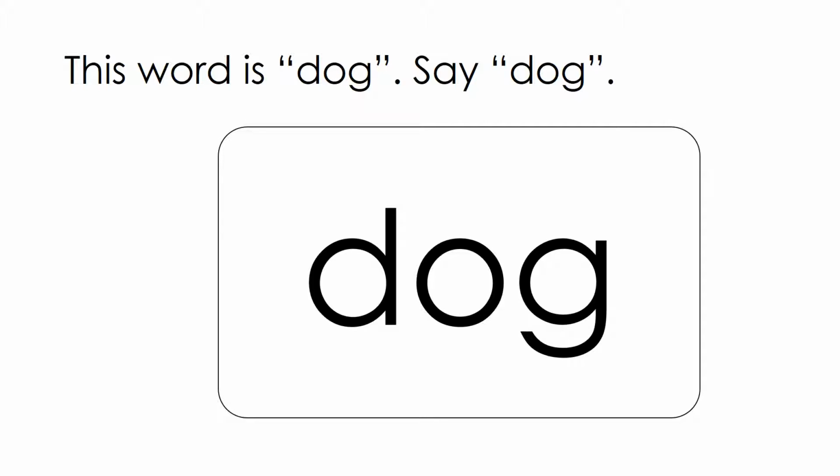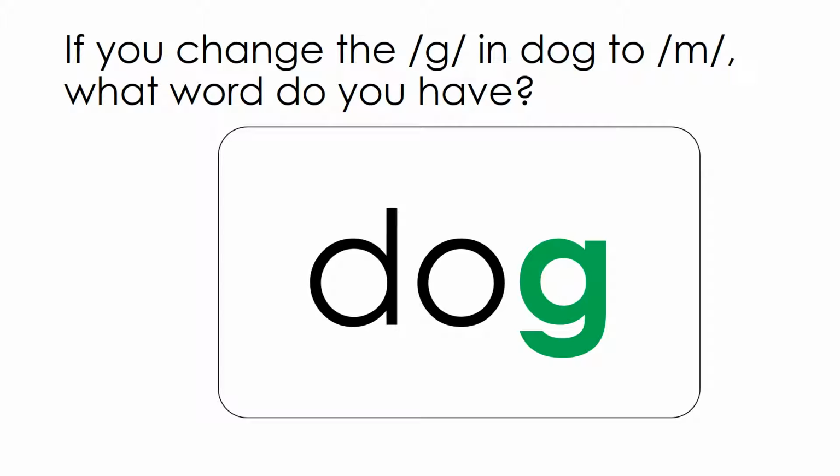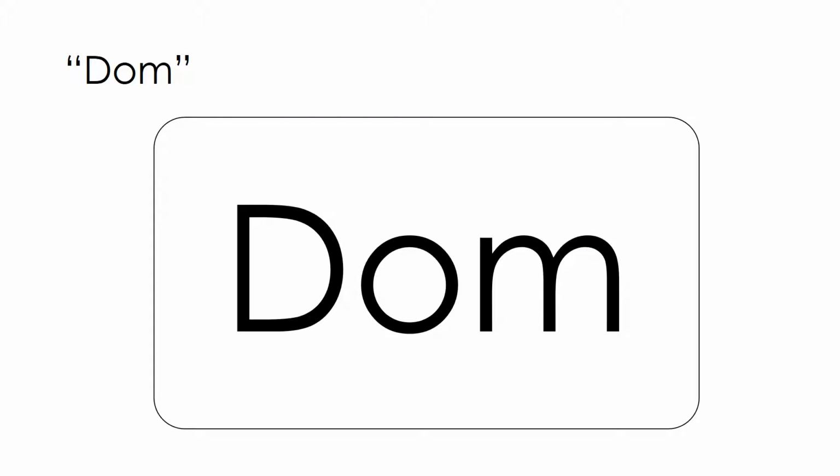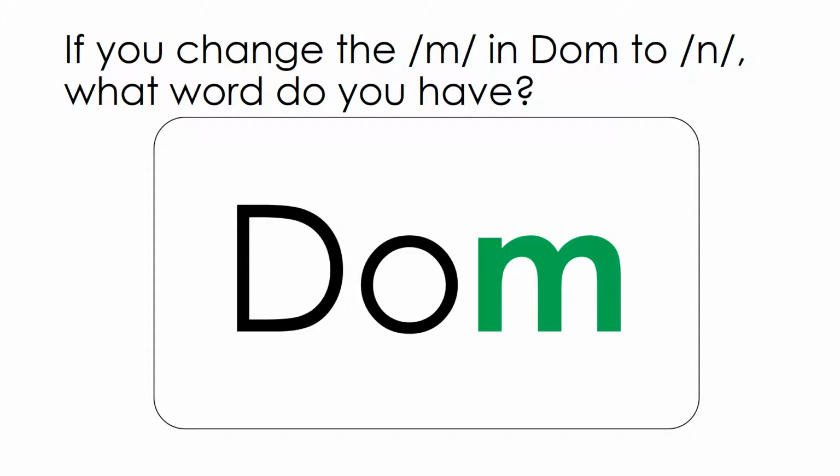This word is dog. Say dog. If you change the G in dog to M, what word do you have? Dom. If you change the M in dom to N, what word do you have?